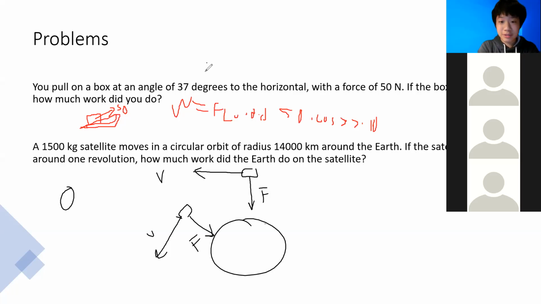If we plug this into our work equation, work is equal to F cosine theta times d. Technically our distance is in the direction of the velocity. So what is this going to be? F times, what's cosine of 90? Because this is the right angle. Cosine of 90 is 0. So in the end, 0 work is being done on the satellite by the Earth. Okay? So does everyone get how that works?